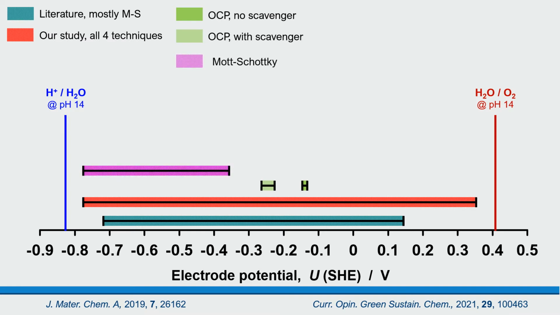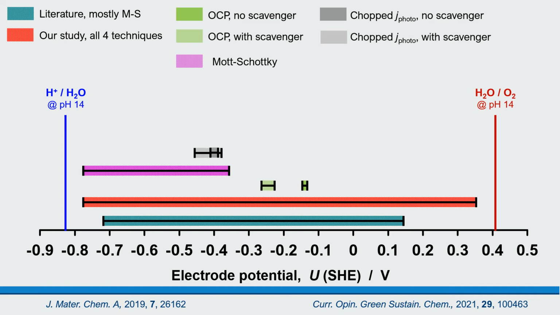Schottky plots, which we did diligently and with multiple repetitions, also had a very wide spread, and then we extracted the flat band potentials from chopped photocurrent data, which we did with and without hole scavenger, and these results we believe are the most trustworthy of all.